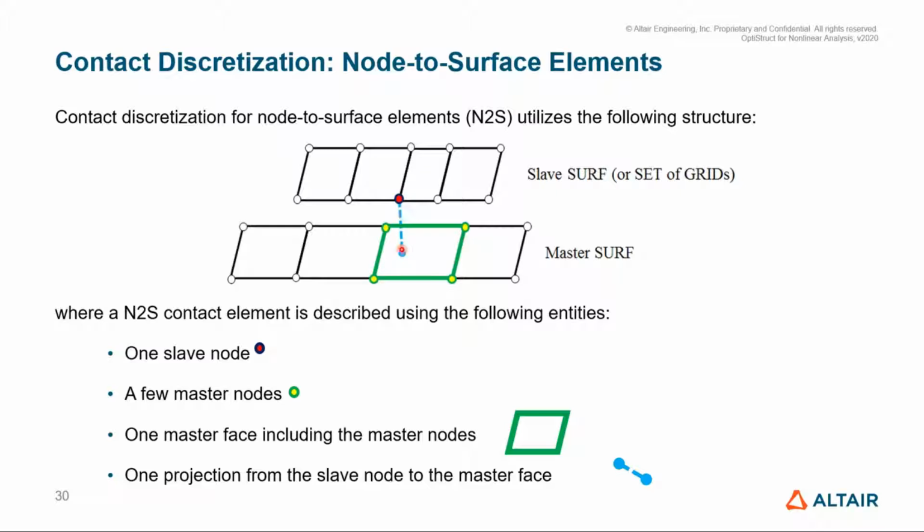As long as the search distance is enough, it can project down and find a master surface, and it will establish that contact. We call it a contact element, but we cannot really see it. It's just a formulation that defines the contact between the node and the master surface.